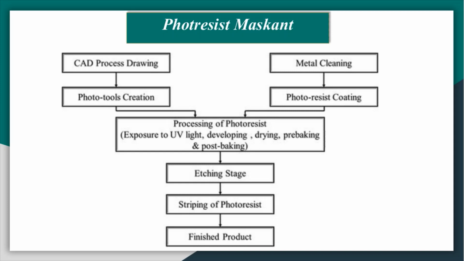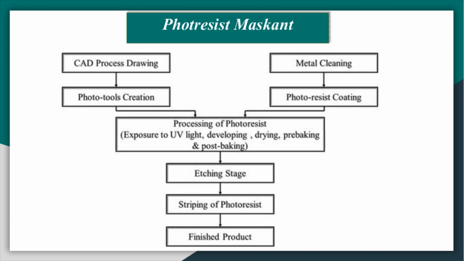Then we hold the photomaster and workpiece together in intimate contact. Then we throw strong UV light through the photomaster onto the workpiece so that after development the coating is removed from all areas where etching is to take place.